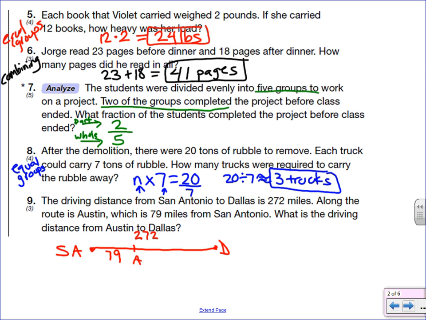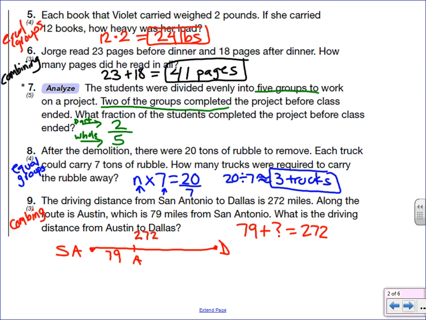So we can see that we have a combining problem, where the distance from San Antonio to Austin plus the distance from Austin to Dallas would equal the total from San Antonio to Dallas. So 79 plus what we don't know yet, let's call it a question mark, they would have called it M in the book, is equal to the total of 272.